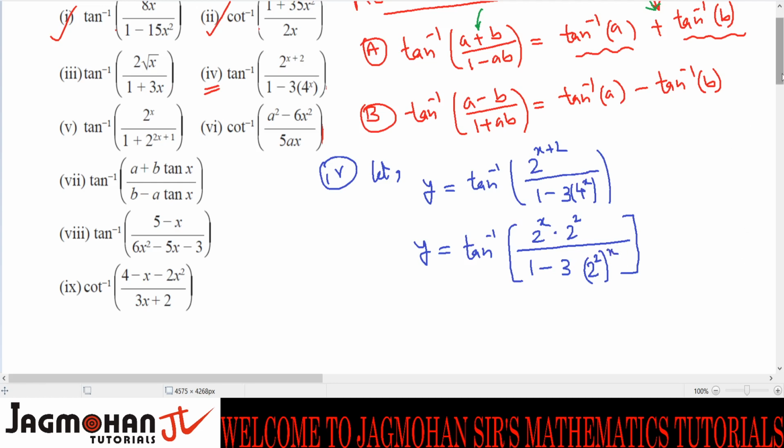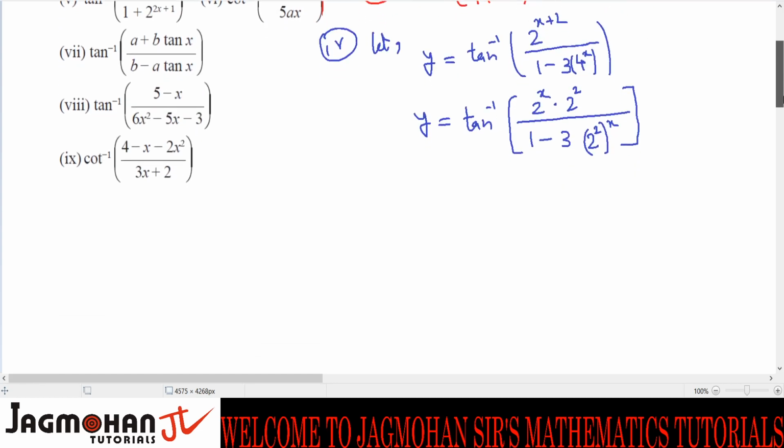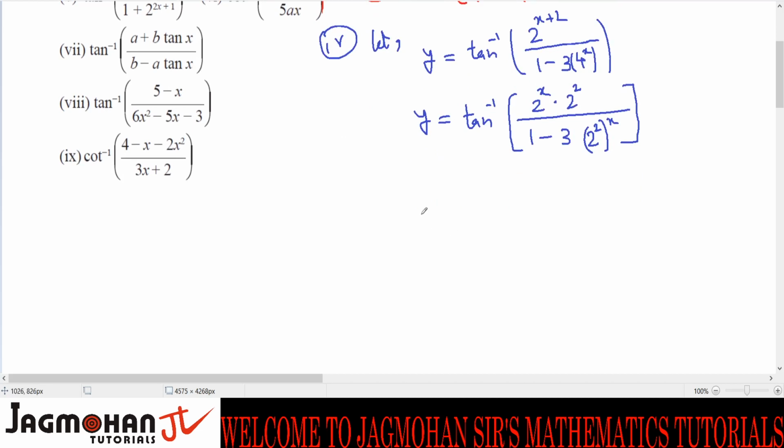If you have a question why I am writing so, I will tell you why. See, when I use the law of indices here for the numerator, I got 2 raised to x and I understood that this will be 4. So in the numerator what I am getting is 4 times 2 raised to x.